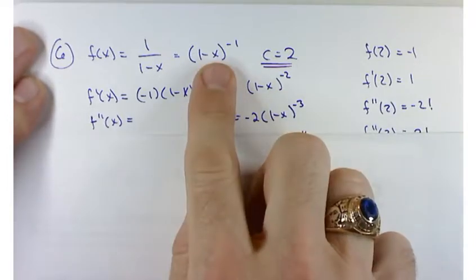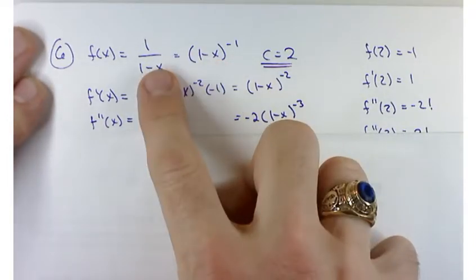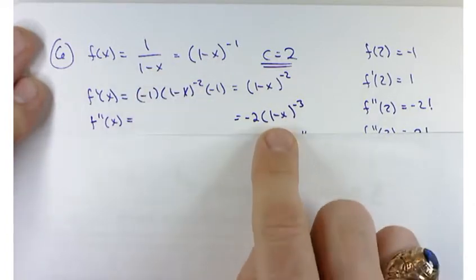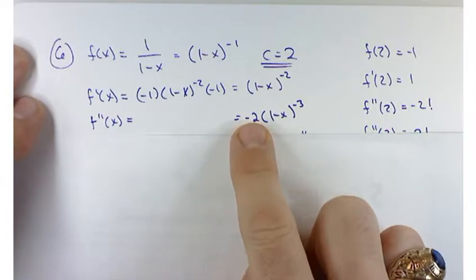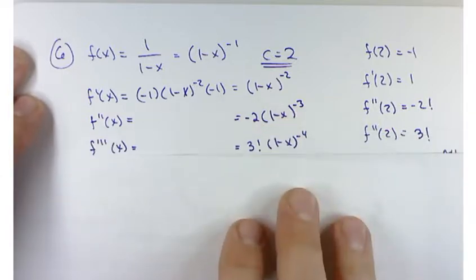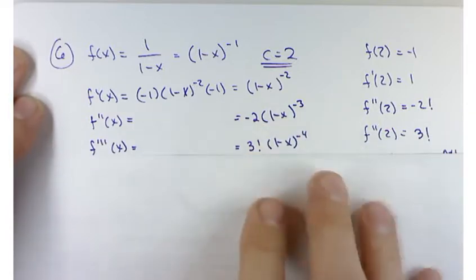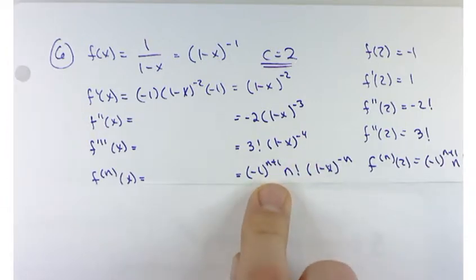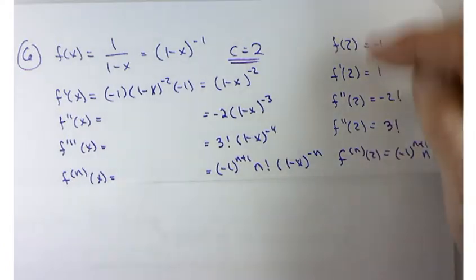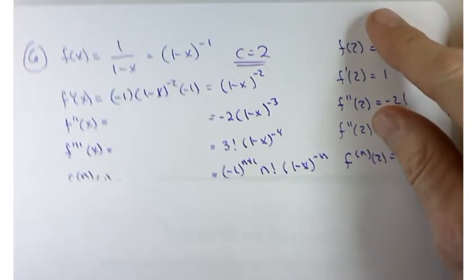It's more convenient to write it like this, so you can use the power rule rather than having to use the quotient rule. So pretty soon you see, okay, negative 3 times negative 2, that's going to be positive 6 to the negative 4. I'll write that as 3 factorial, and then you generalize from there. You get some terms like this. Then you evaluate it at 2, and again, you can see a little bit of a pattern here.